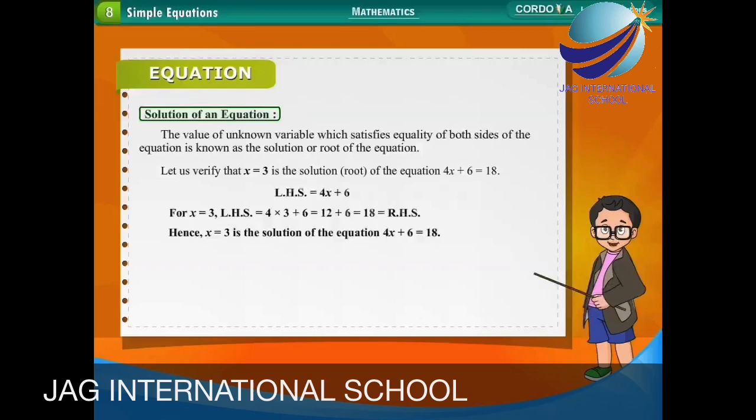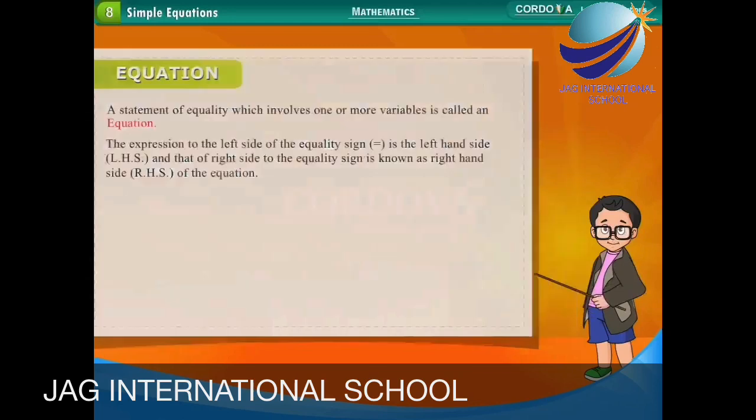LHS is equal to 4x plus 6. For x is equal to 3, LHS is equal to 4 into 3 plus 6, is equal to 12 plus 6, which is equal to 18. This is equal to RHS. Hence, x is equal to 3 is the solution of the equation 4x plus 6 is equal to 18.